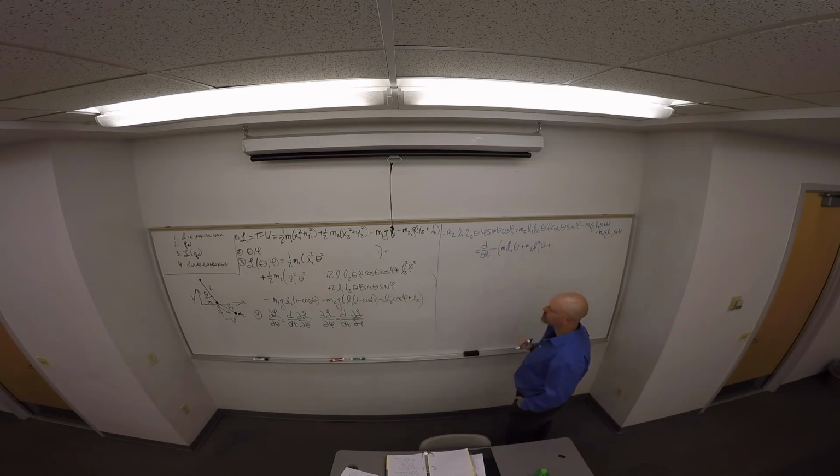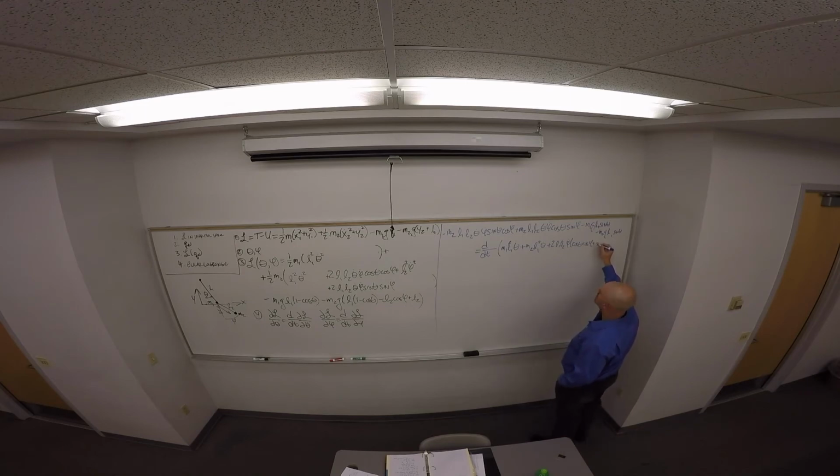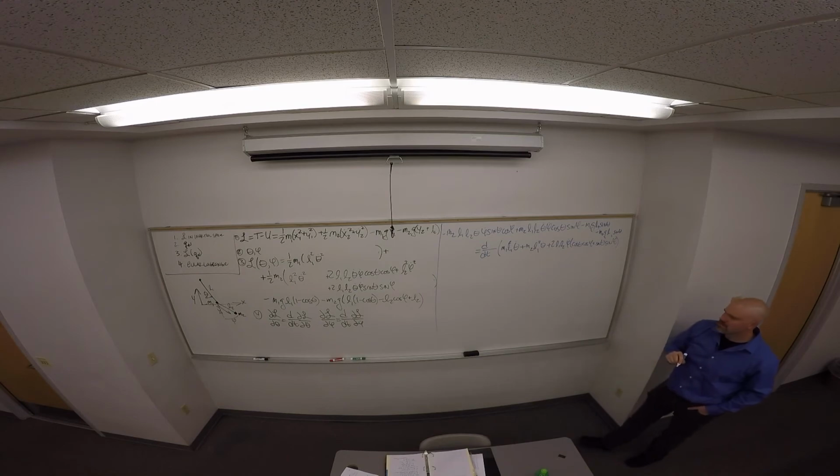But we got the fun terms. These aren't so bad. You just take the theta dot out and you're done. So 2 L1 L2 phi dot, I'm just going to call it that, times cosine theta cosine phi plus sine theta sine phi. Right? Because the rest of those are the same.